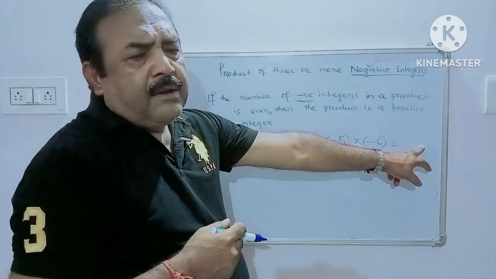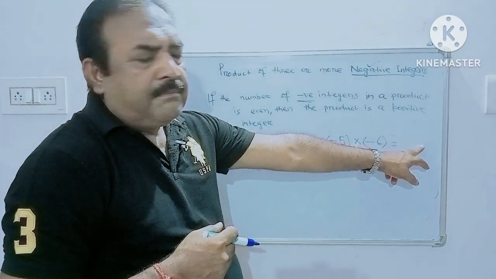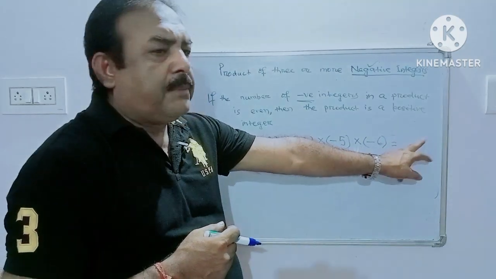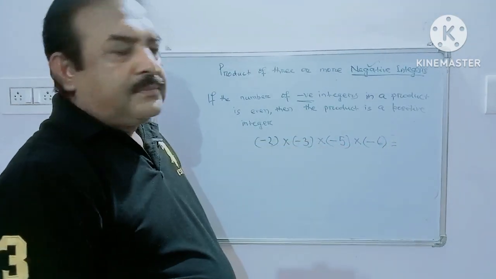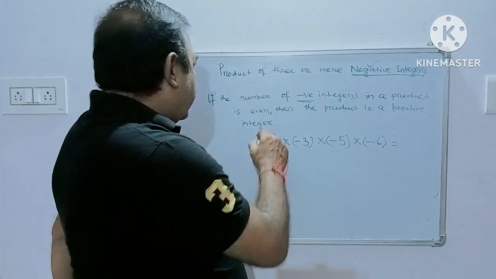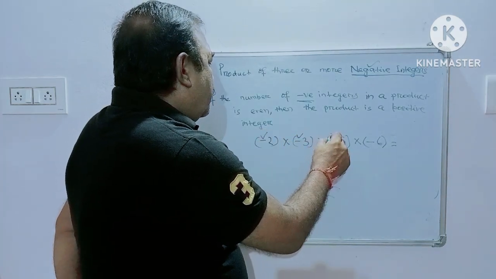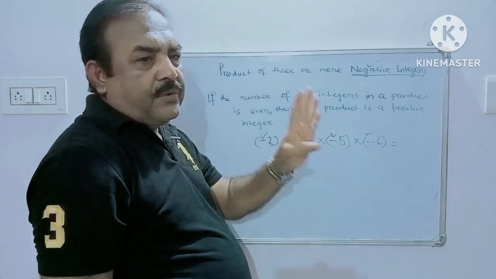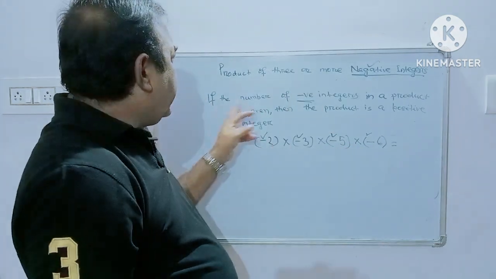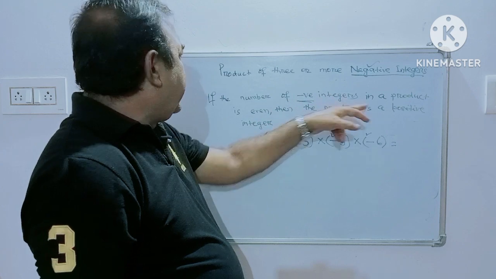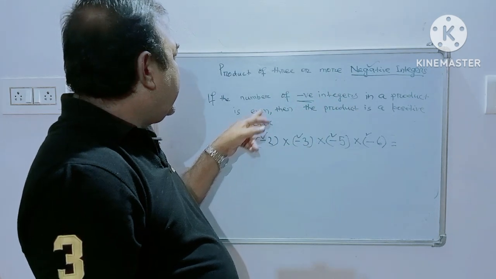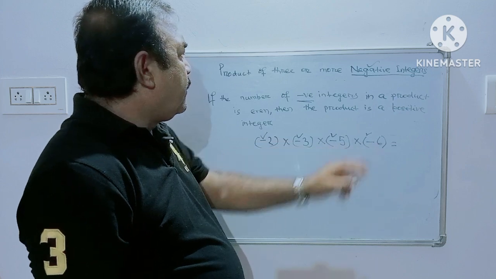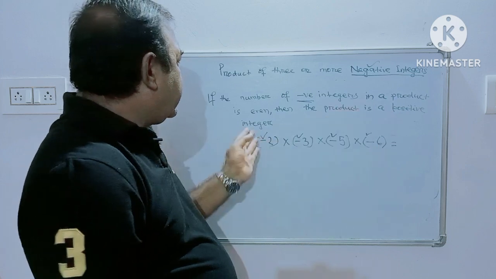Anyhow, I have to write the product here, but what sign will it bear? What sign will be with the product? You see, 1, 2, 3, 4. How many negative signs are here? 4. So if the number of negative integers in a product is even, how many? 1, 2, 3, 4. So the product is a positive integer.